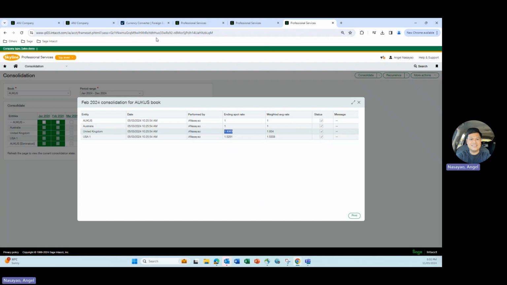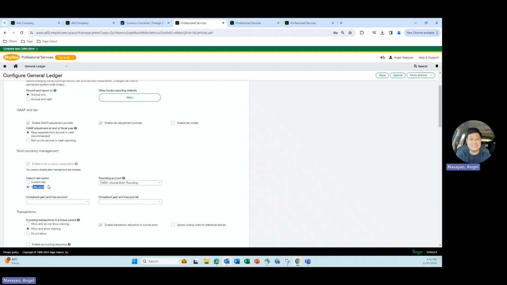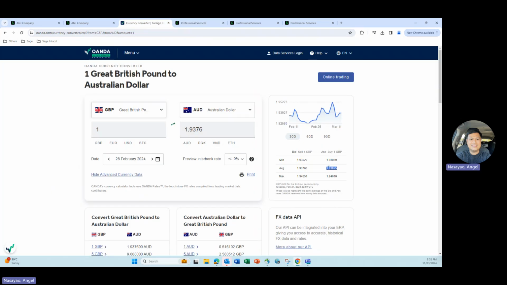And that is actually the rate which is 1 day prior, as set up on the configure general ledger. So that's the average ask or buy rate as of the 28th, right? Because with 1 day prior, a month end of 29th, it should be the 28th of February.